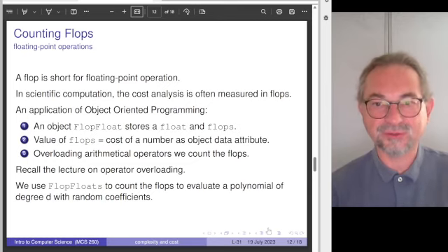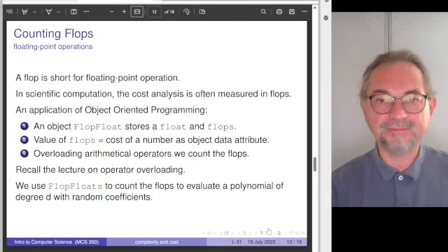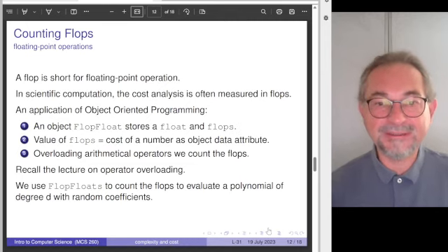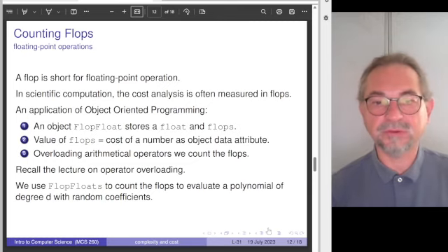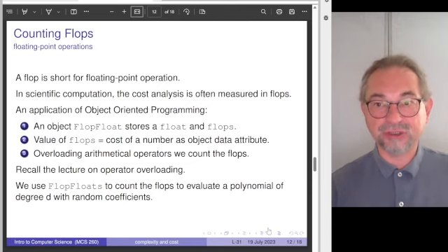So flops is also the plural of the word flop, but it also is a speed measure. We have seen the class flop floats and operator overloading, and this is where we could use the class flop floats. That is one way to measure the efficiency or the cost of an algorithm.